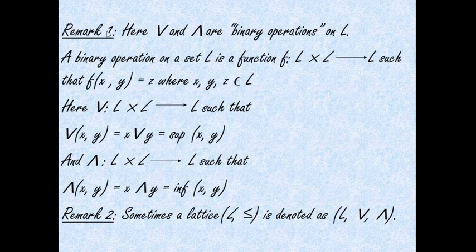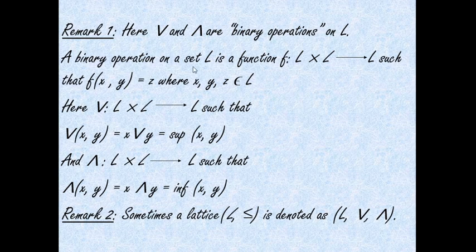Now we have a remark which says the join and meet, that means the supremum and infimum, are binary operations on L. You have heard about binary operations when you were learning algebra, because to define a group we needed binary operations.